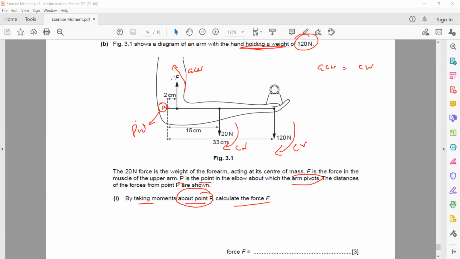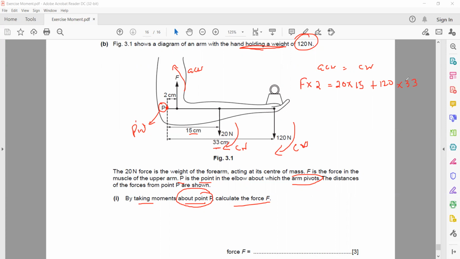So the total anti-clockwise moment is the force of the arm, F, multiplied by the distance from the pivot. The distance between this force and the pivot is 2. So F into 2 equals the clockwise moment caused by 20 Newton, which is 20 multiplied by its distance from the pivot, 15, plus the other clockwise moment, the 120 Newton force, whose distance is 33.